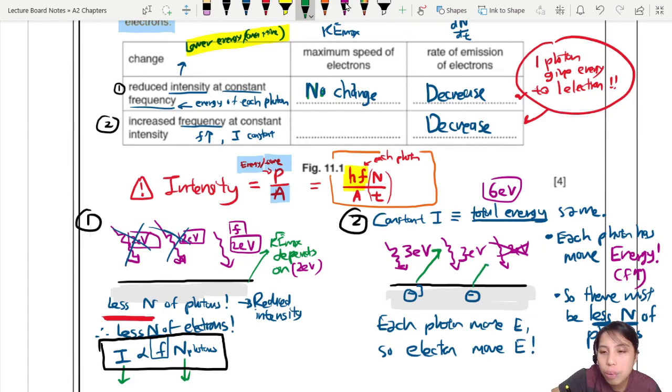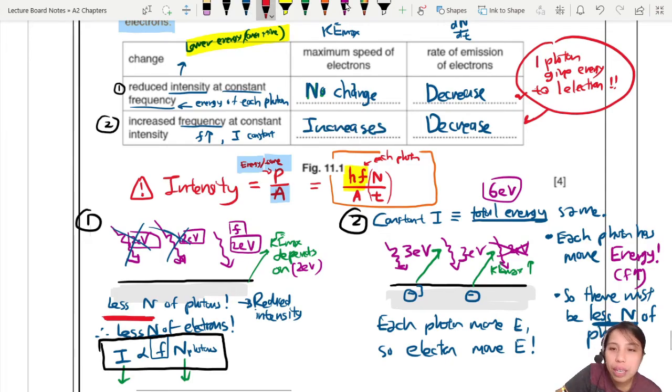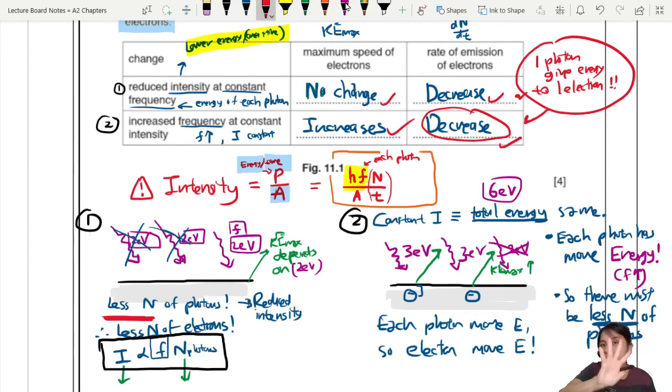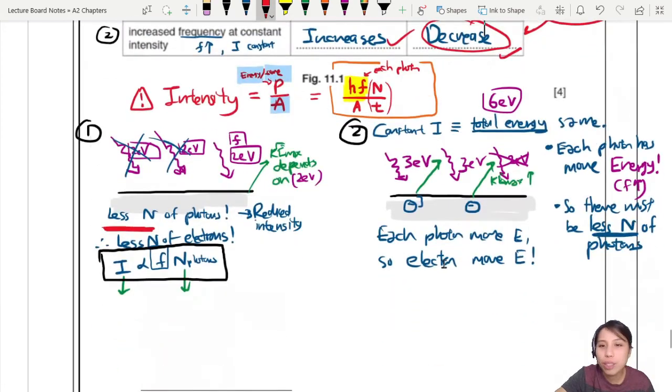So the Ke max will be much higher, it increases. Wow, a lot of people didn't get this one. But this is how you can get 4 marks. Very carefully. They could split them into explain and state, but they decided to put it in the table. So you need to know all this story. This is a very important one.